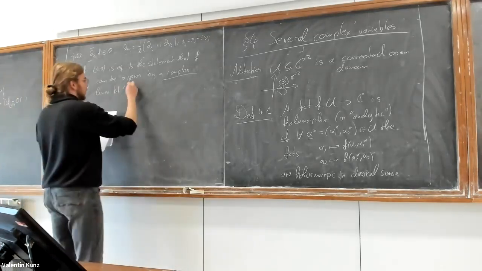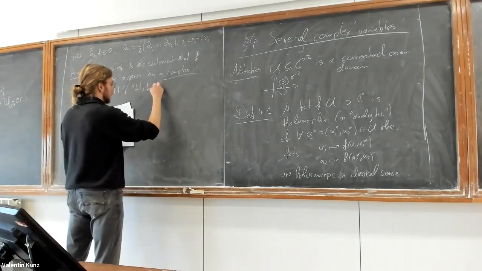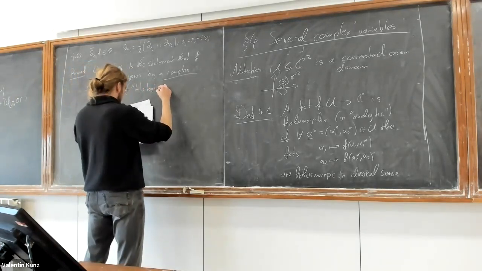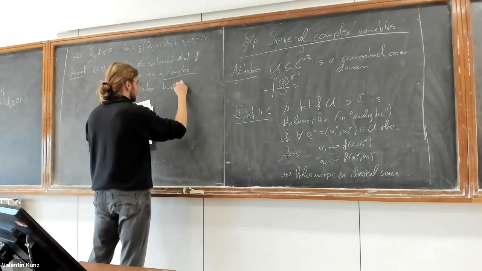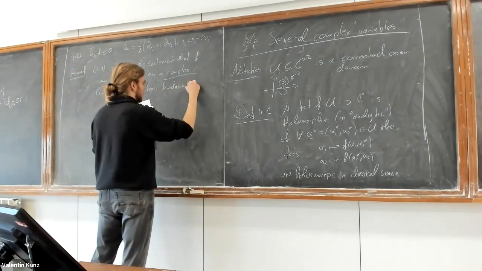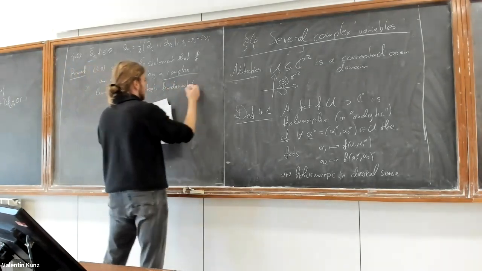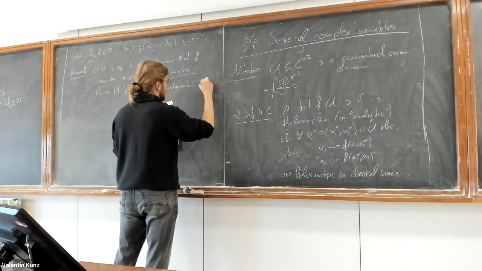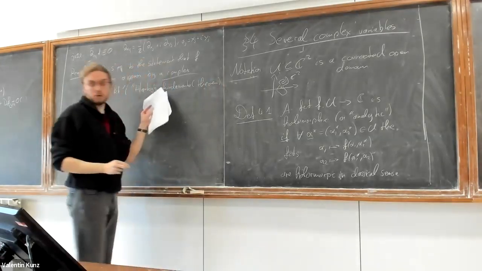And the name of this would be Hartogs' theorem. So if you want to look it up, this is known as the fundamental theorem of several complex variables. So it's really important.